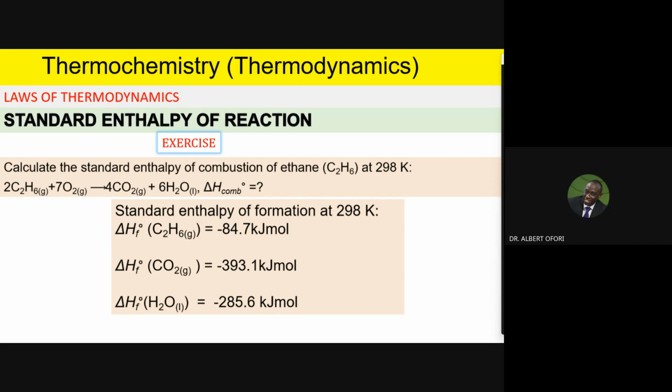Yes, I have here negative 3,115.6 kilojoules. 116 or 115? So 3116.6. Okay, let's check. 3115.6. Okay, 0.6.